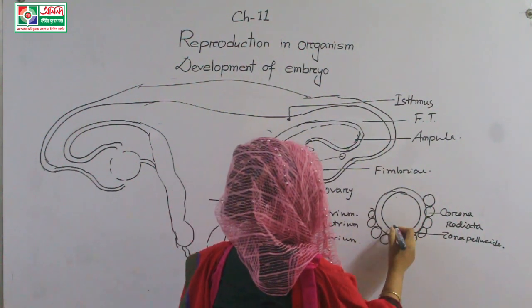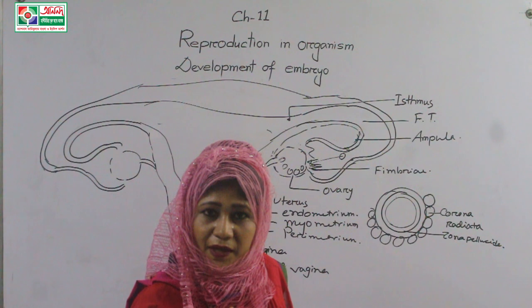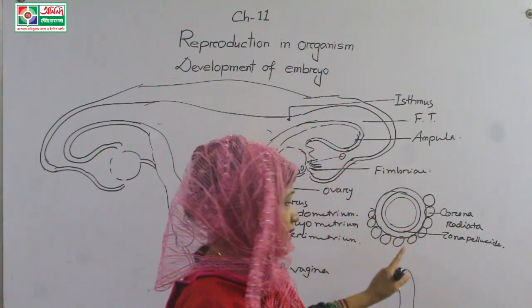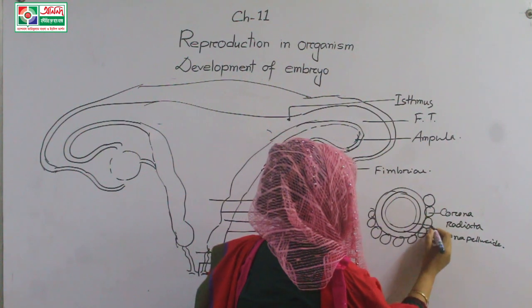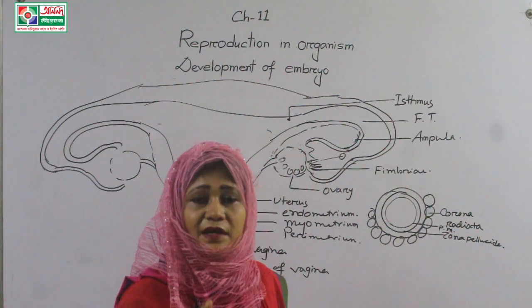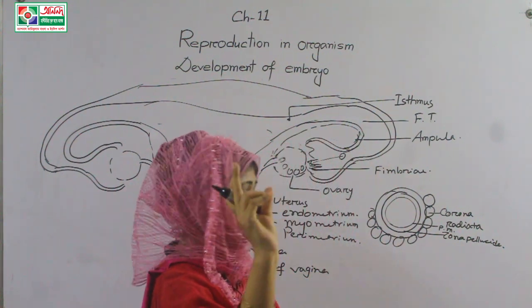After that, this is the plasma membrane, and the space between the zona pellucida and plasma membrane is known as the perivitelline space.